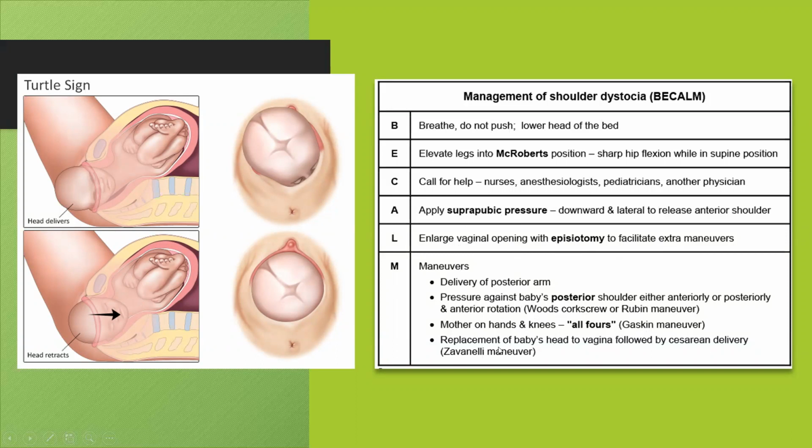And then last but not least, our rescue maneuver would be replacement of the baby's head into the vagina and then followed by emergency cesarean. That's called the Zavanelli. Sometimes on NCLEX, they will ask you specific questions about some of these maneuvers. Gaskin maneuver I've seen on there, McRoberts specifically, suprapubic pressure. These are all terms that you need to become familiar with.